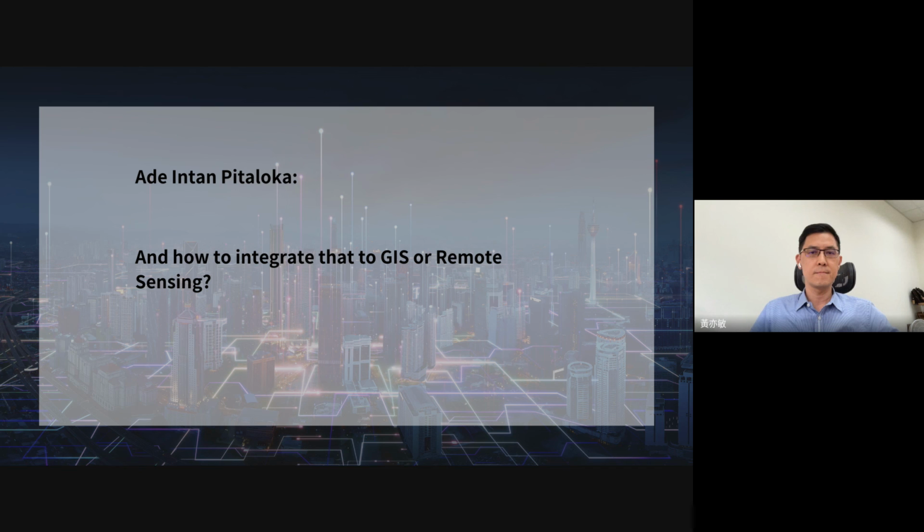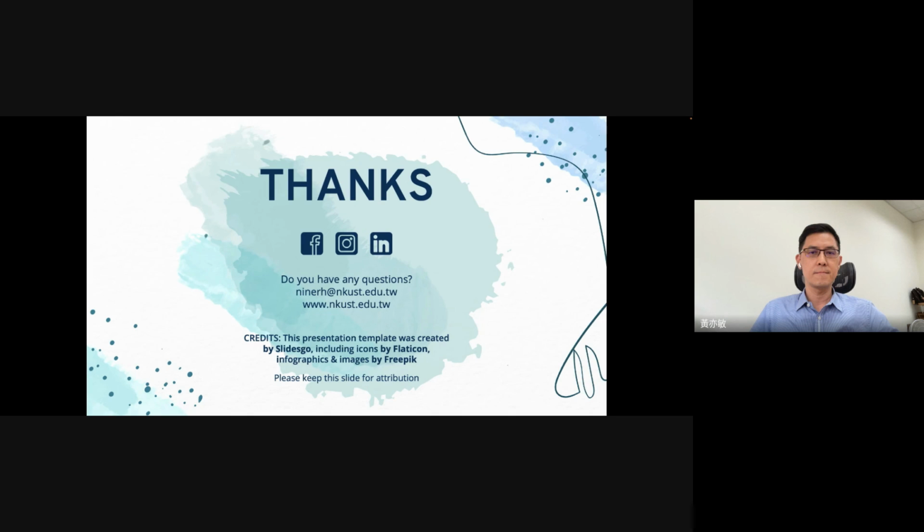This is just one way to do that. For WSN and IoT concepts, for remote sensing from the satellite, each satellite is a sensor.